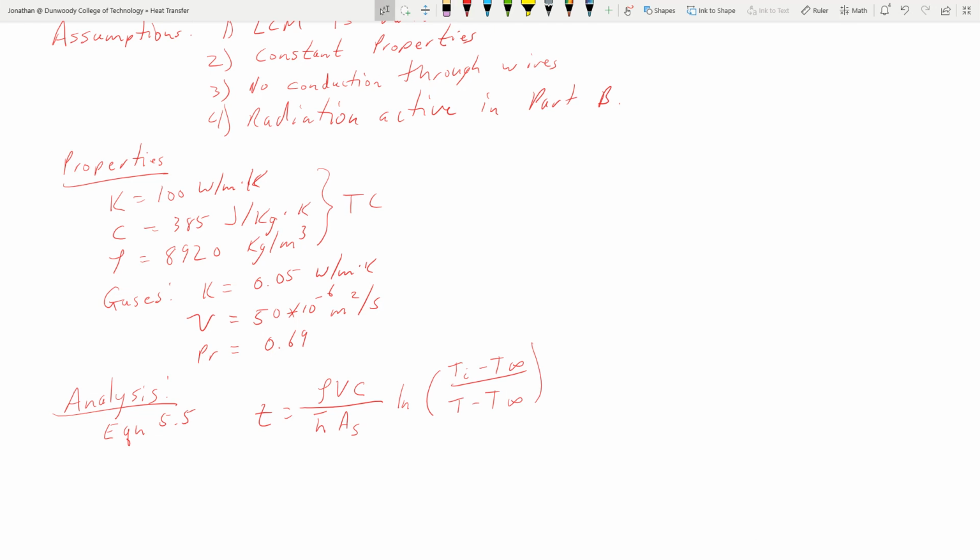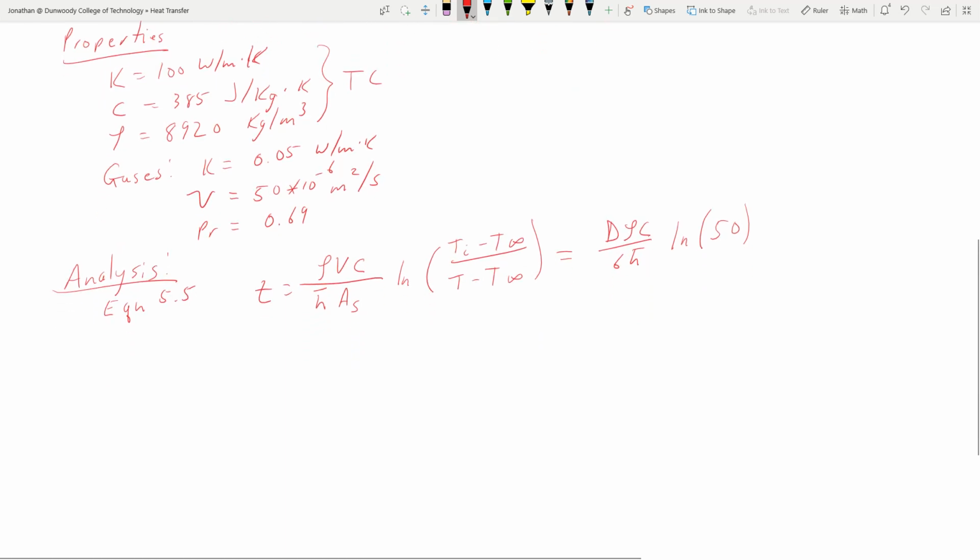If we simplify that down, we fill in what V is compared to area. We're going to get some pi's that will cancel out, so we're going to get D rho c over 6h bar for a sphere, ln of 50 for when this temperature difference is 98% of our initial. This would be 100 on the top, 2 on the bottom. When that reaches that point, that gets us 50.